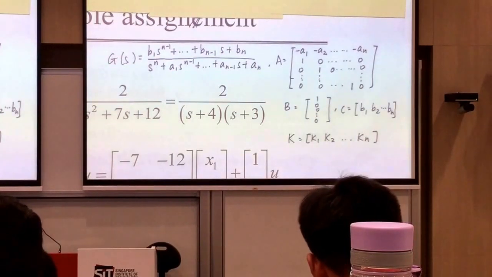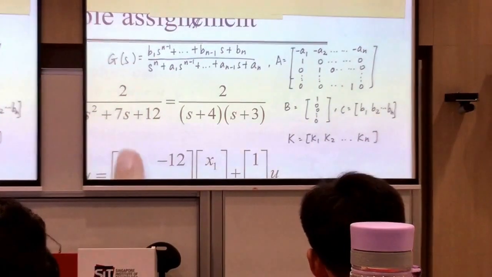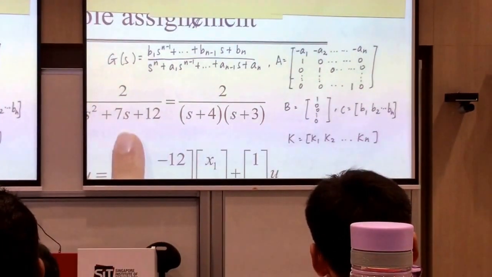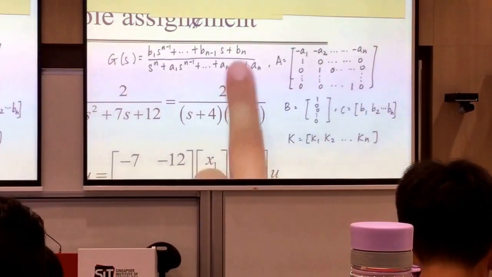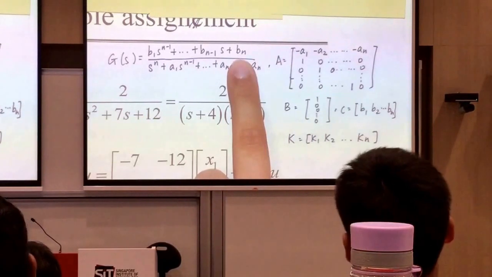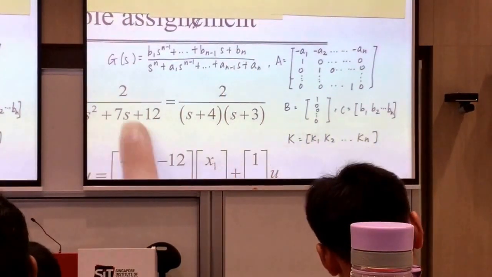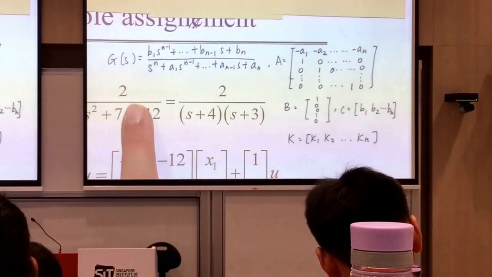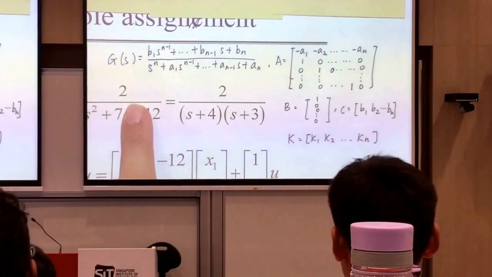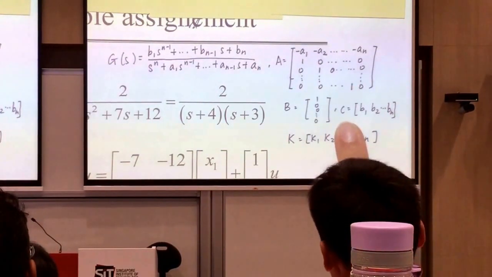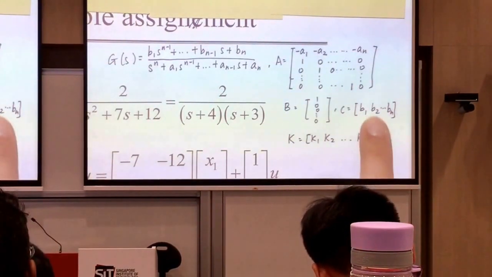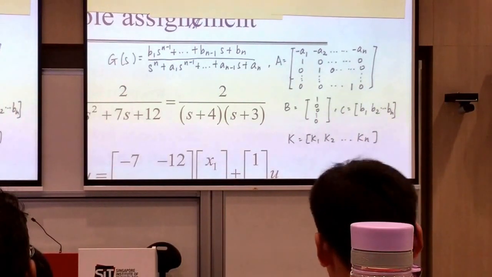Okay, so this is your transfer function, right? Can you tell me what is Bn? Bn is 2. So your C matrix will be 0, 2. This is second order, right? So B2 is 2.